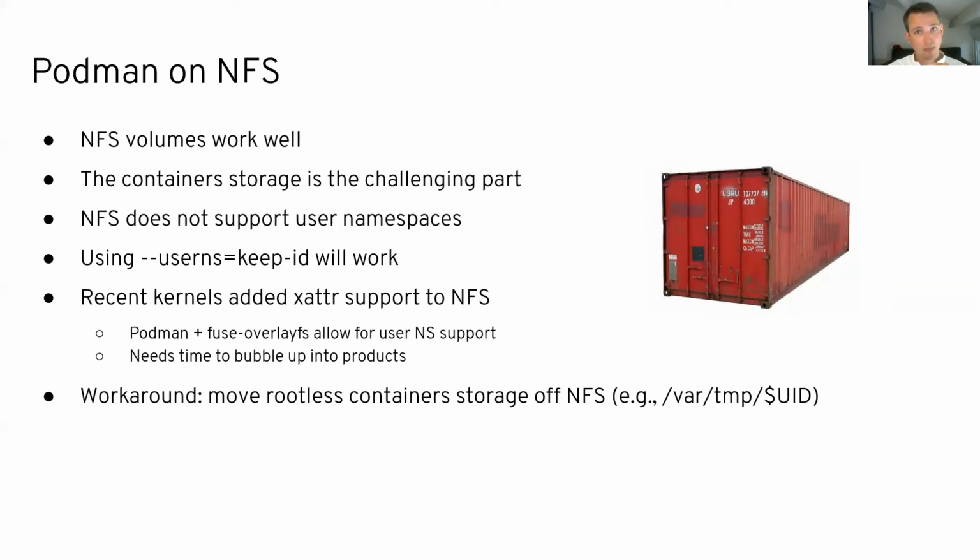So if we think back to the example where we wanted to run user 10 inside the container, what the NFS server will see is that we try to chown the files as this host user, which is 100009. And the NFS server will say, well, I have no clue about this user ID. I don't know it.